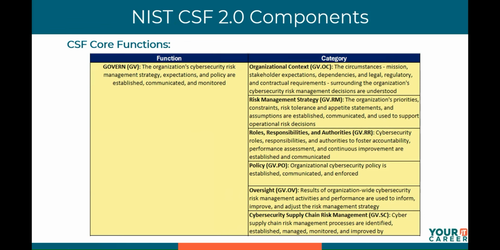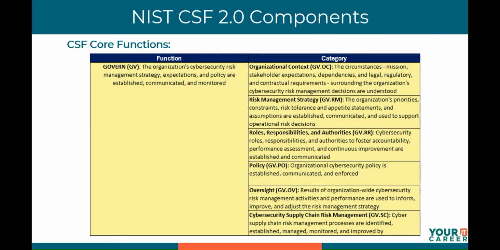So the first category is the organizational context. Like I was saying earlier, you first need to understand what's the mission of the company, what are the contractual or compliance requirements that we need to meet. So you need to first understand, what business are we in? What are we trying to achieve here? Having that context is what's going to help the govern function implement, or at least design, the appropriate strategy for the organization.